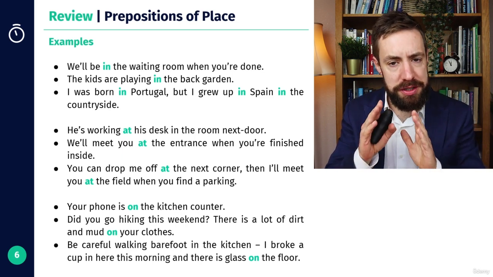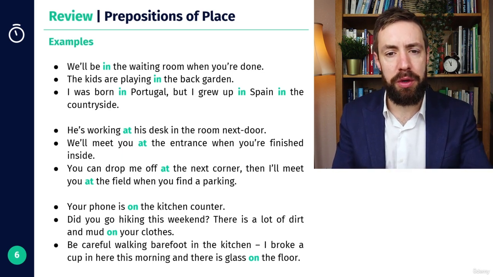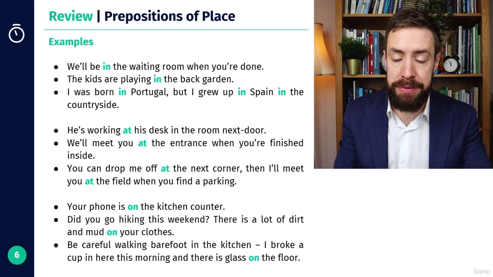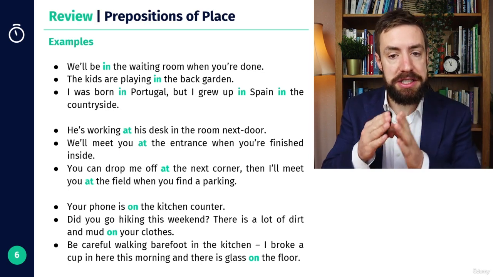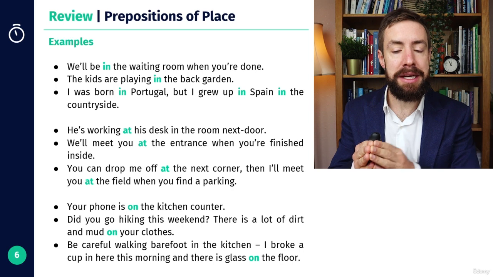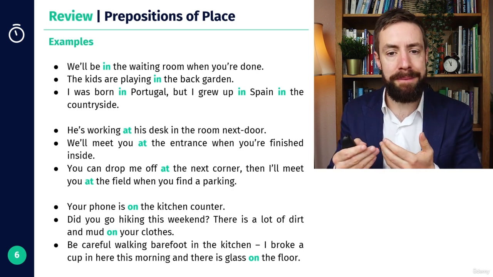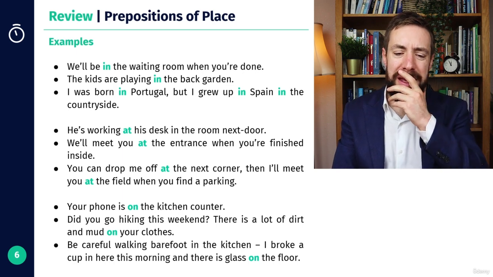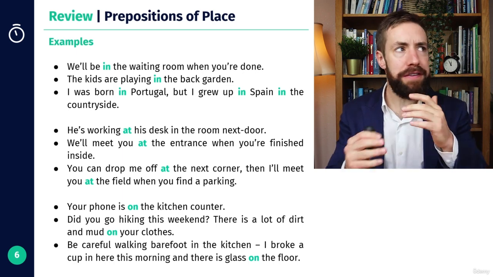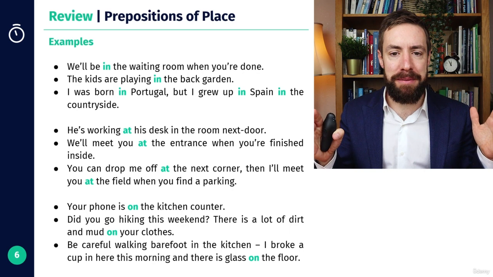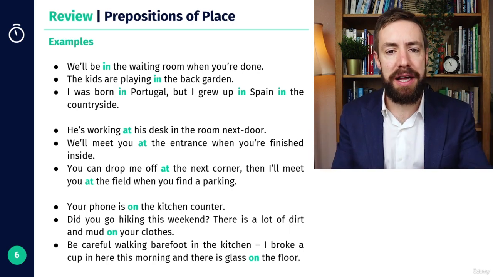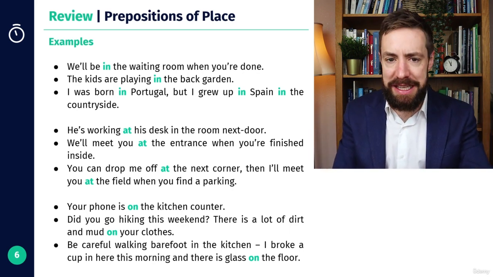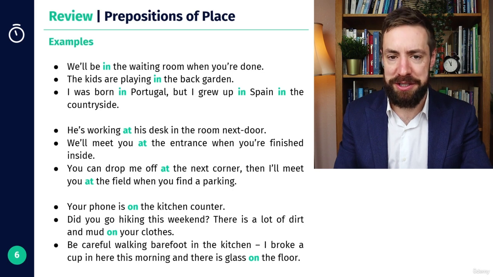So what you can do if you want to study these by yourself, you can learn these specific sentences as a way of reminding you. Because I'm sure that you might be watching this and thinking, well, at the field, surely a field is a big place. But remember, as I said at the start, English is quite idiomatic with its prepositions.